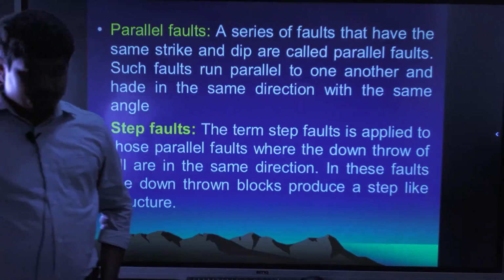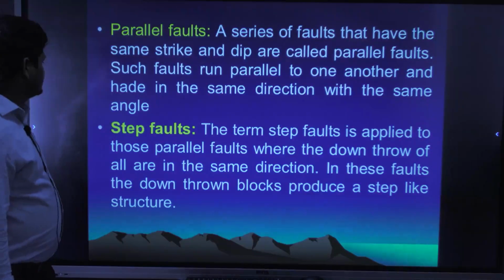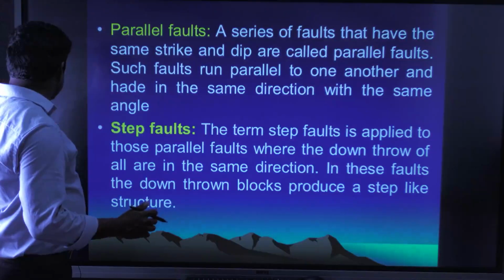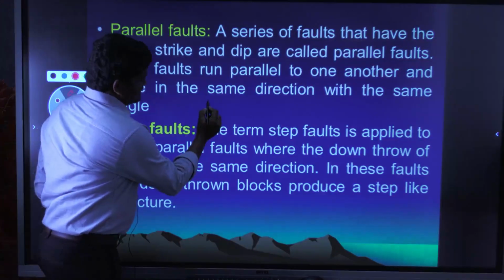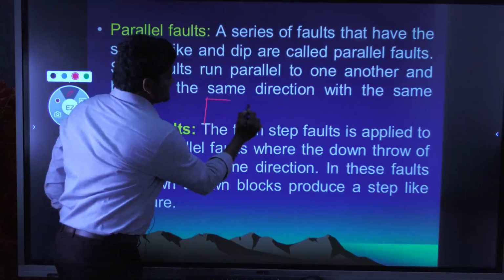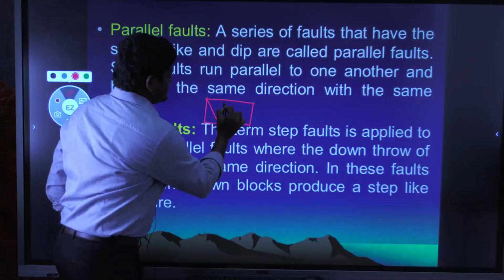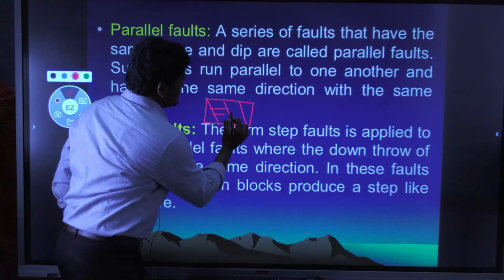Next, parallel faults and step faults. For parallel faults, for example, consider these as the rock masses where the beds are developed.